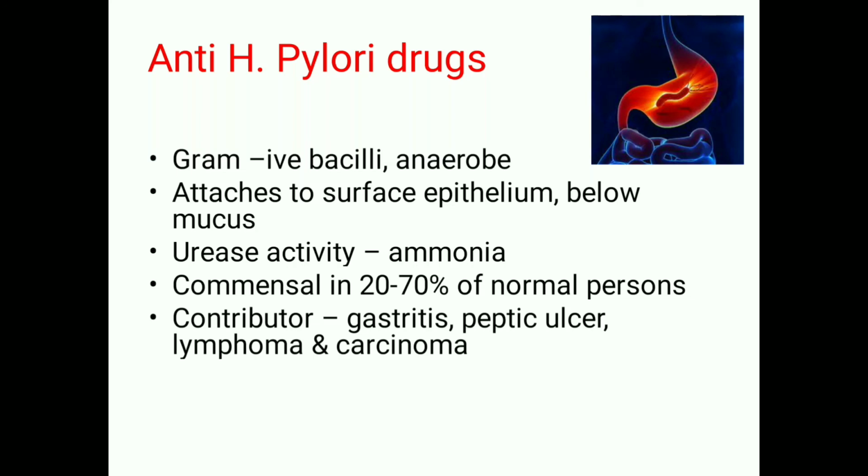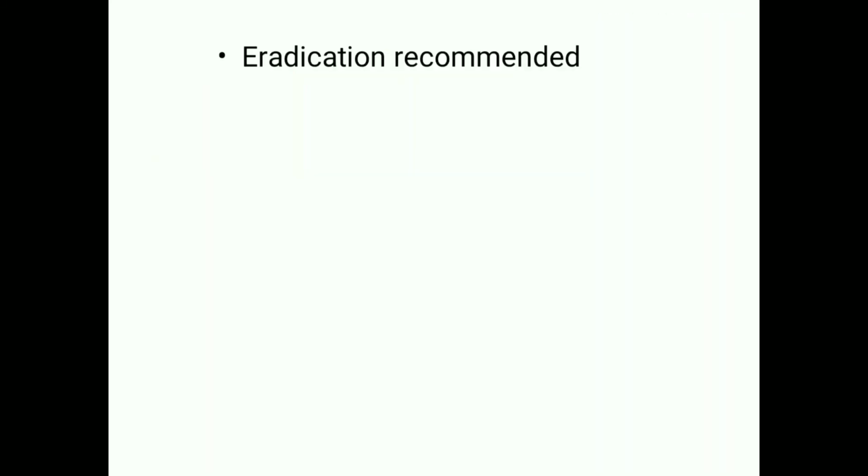Now, it has been seen that H. pylori is one of the contributors in development of gastritis, peptic ulcer, gastric lymphoma, or even gastric carcinoma. So, eradication is recommended in those patients who have colonization of H. pylori and who are also having peptic ulcer.